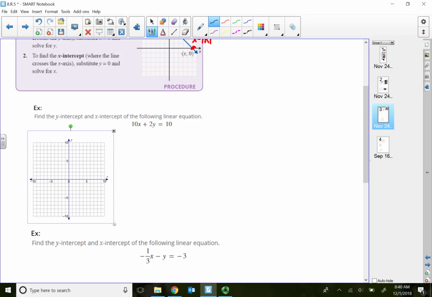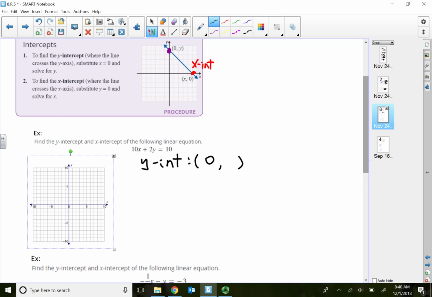Most of the time the homework wants you to find the y intercept first. To find the y intercept, it's very easy to remember. Y intercept, find y when the x value is 0. Remember, the y-intercept has to be located on the y-axis. That's why the x value has to be 0. So all we do is substitute 0 for y.